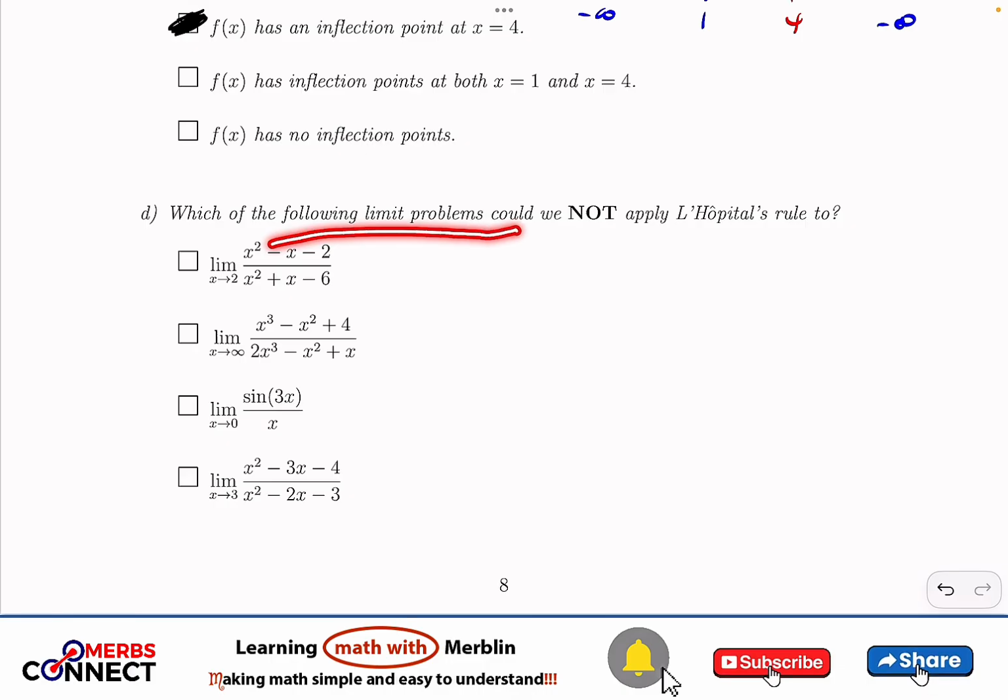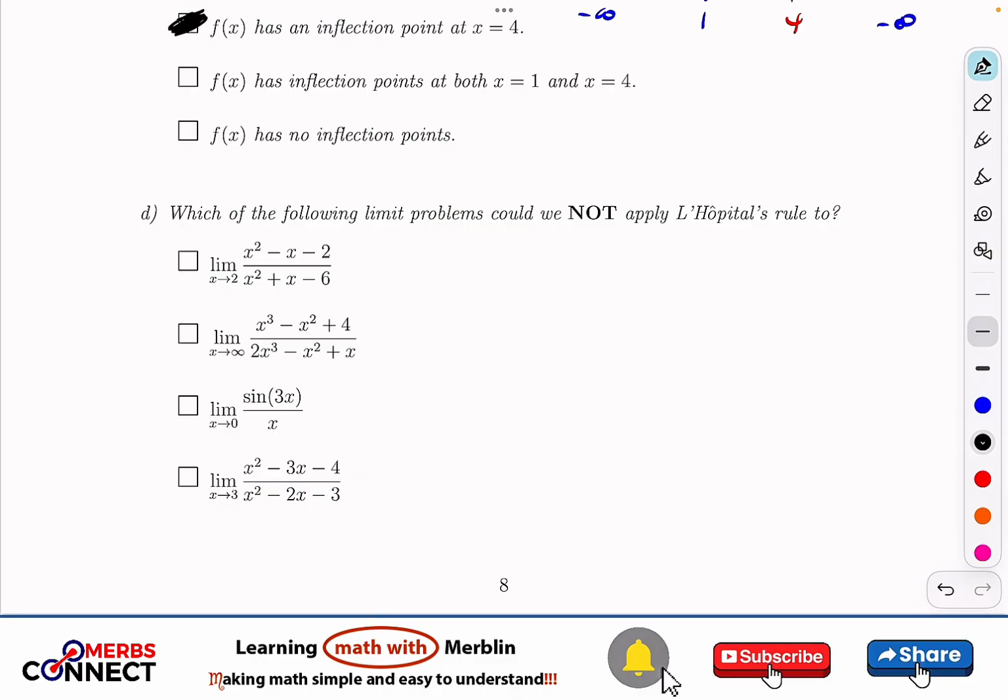Which of the following limits could we apply L'Hopital's rule to? So which one of these can we apply L'Hopital's rule to? So remember, L'Hopital's rule applies when we have 0 over 0 or infinity over infinity, plus or minus. So now first let's plug in 2.